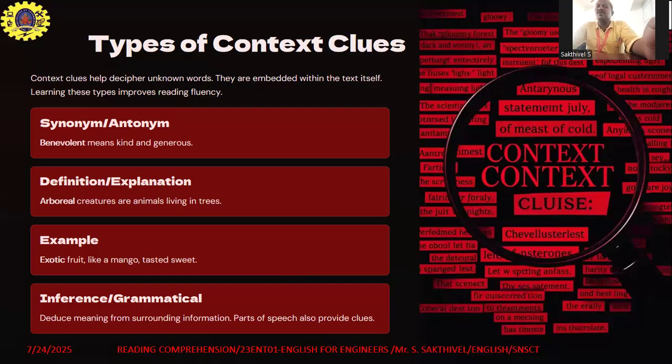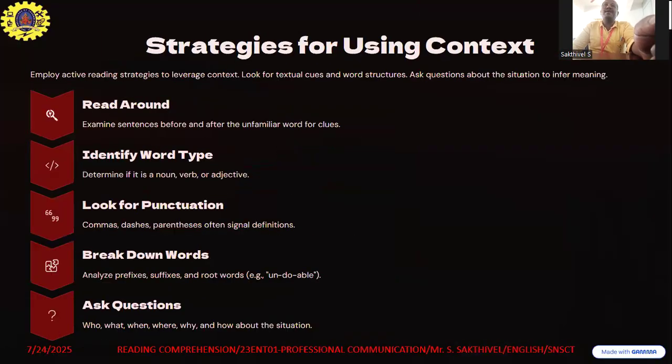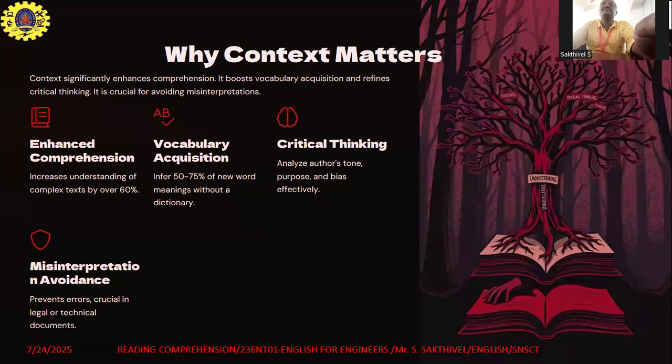Call the boy is a general statement. When you say call the boy with a blue shirt, we are specifying a person with the clue, and that is called inferential. This is how the context plays a role in reading comprehension.